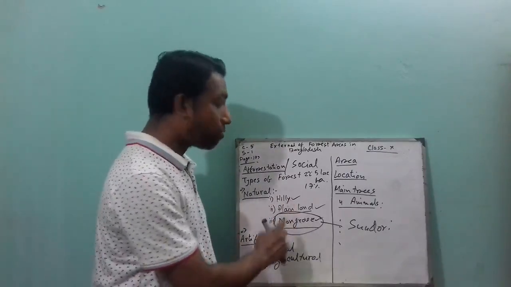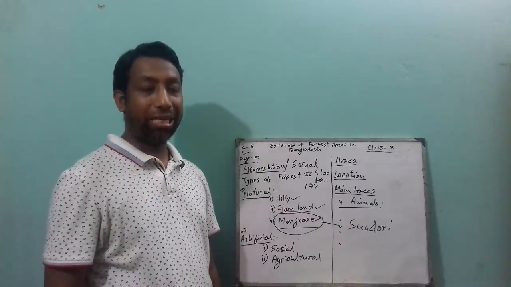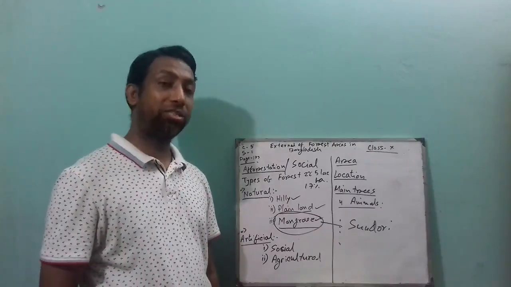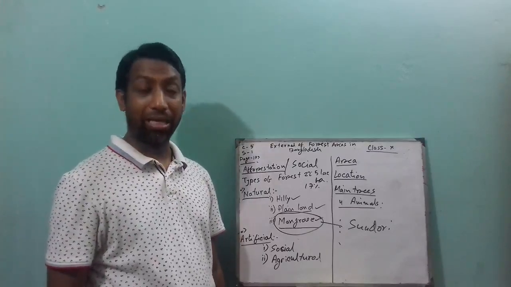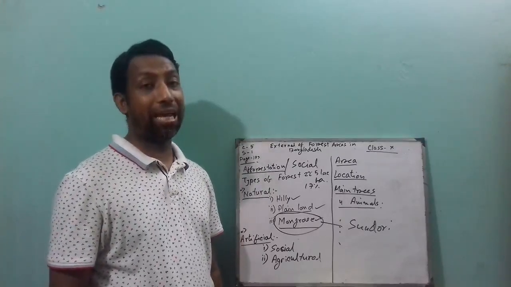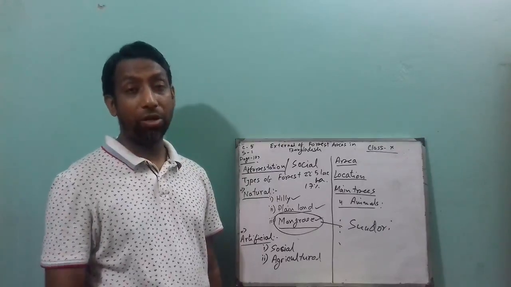Now, why is this one called mangrove? Because the soil of this area is salty and saline. Even the water of this area is saline due to the presence of the coastal area.